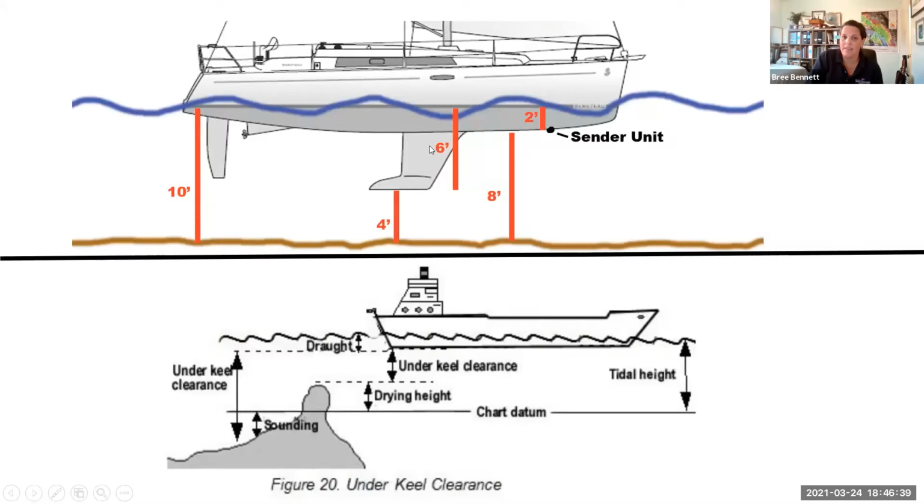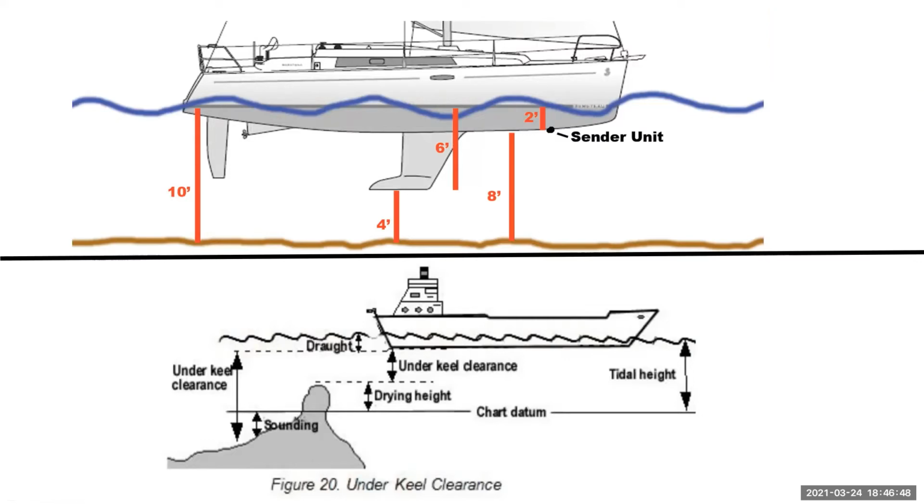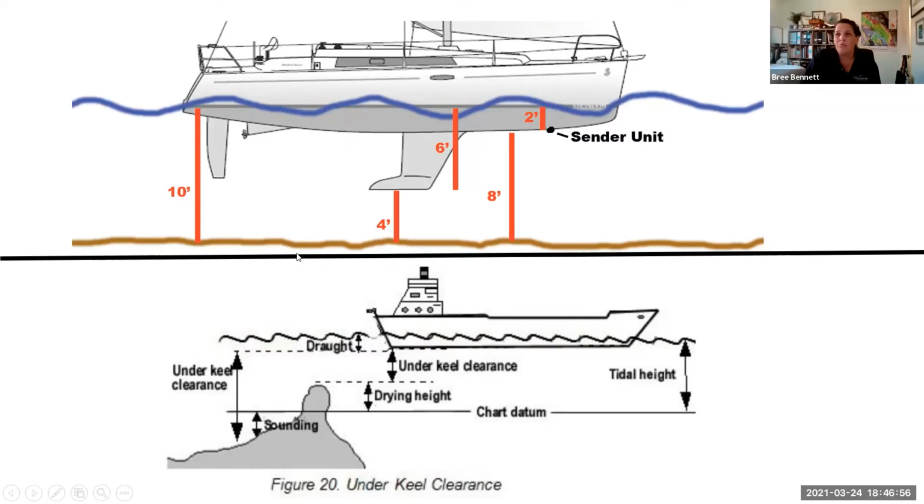So you'll need to know where that unit is if you're trusting it for underkeel clearance, and apply a margin of error if it is not at the deepest part. So again, all boats are different on this.